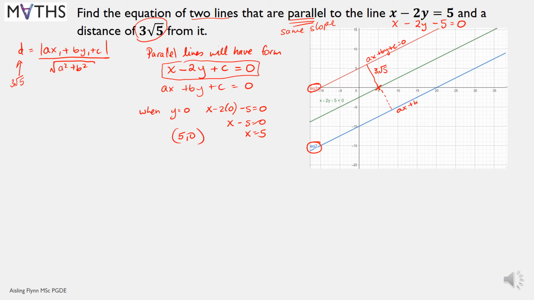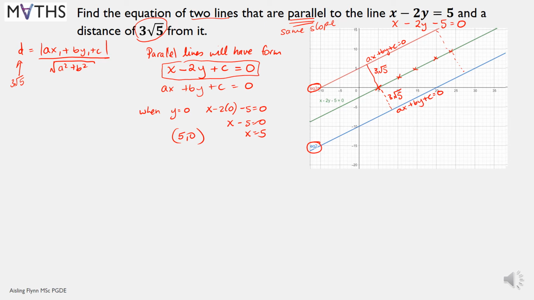We're trying to find its equation, and we know that distance there is 3 root 5. In actual fact, you could use any point along the green line and it will give you the same distance, but (5, 0) are easy numbers to work with.